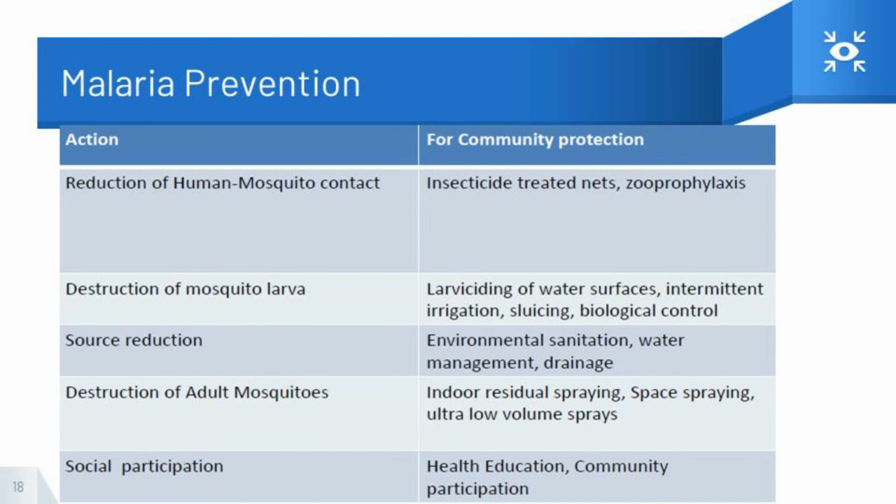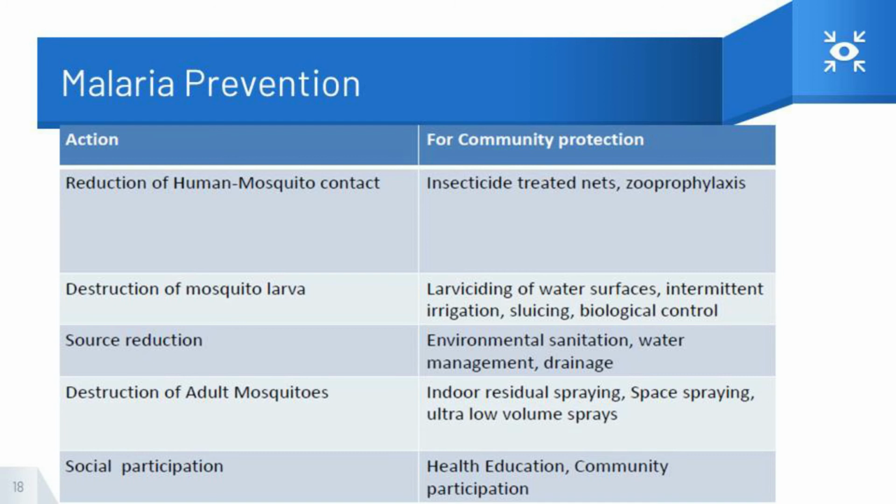This will divert the blood-seeking malaria vectors from human hosts. So instead of the infected female Anopheles mosquito biting human beings, it will divert its attention to the wild or domestic animals. That is the use of zooprophylaxis.